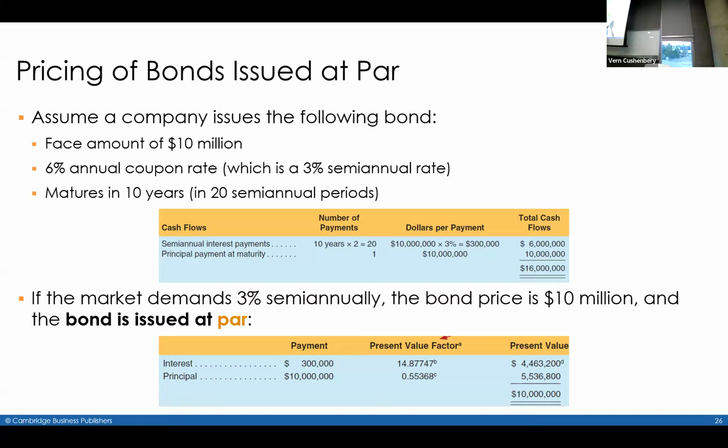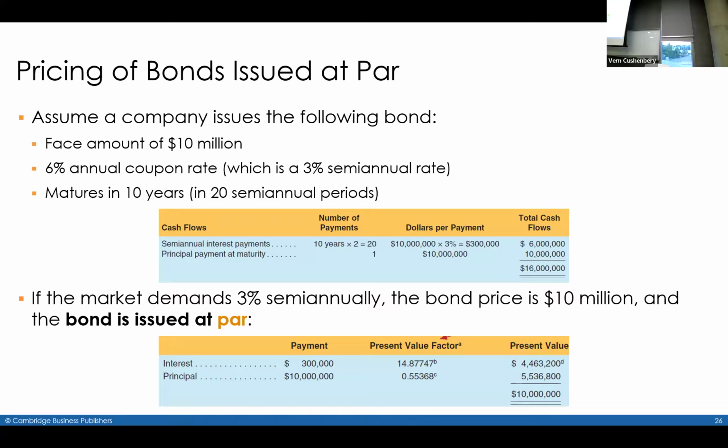So here are our cash flows. We have 6 million in cash flows from the interest payments that we just calculated. And then at the end of the period, we have a $10 million face amount that's coming back to us at maturity. 6 million in interest payments, 10 million in maturity payments, for 16 million in payments.